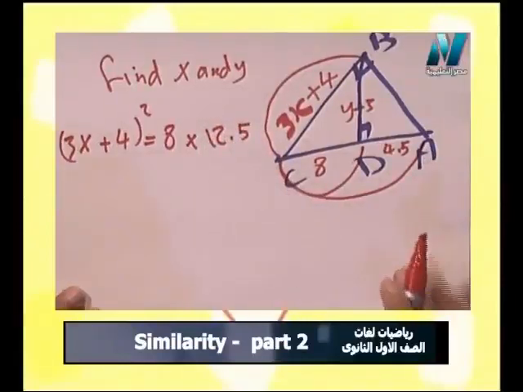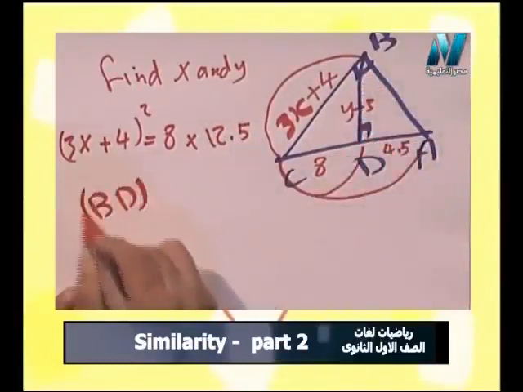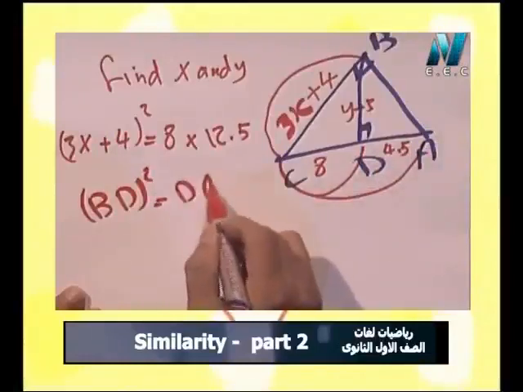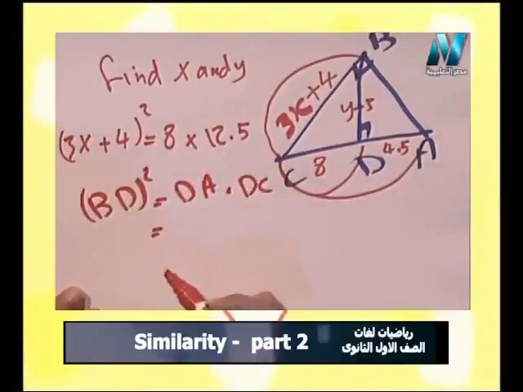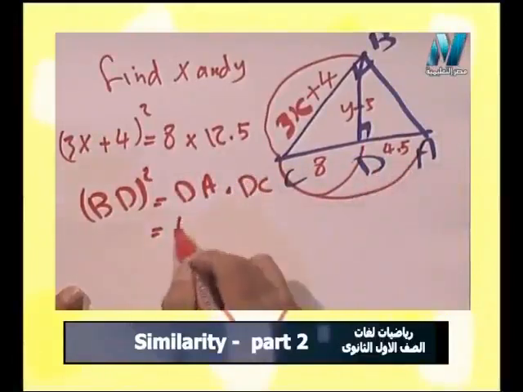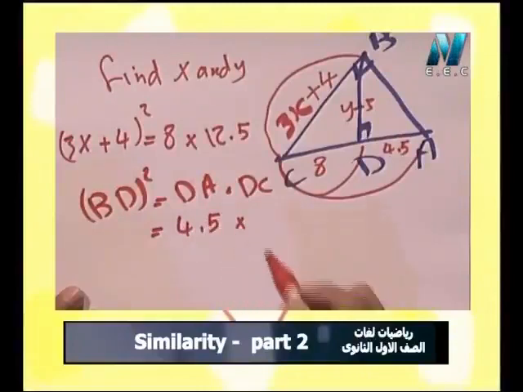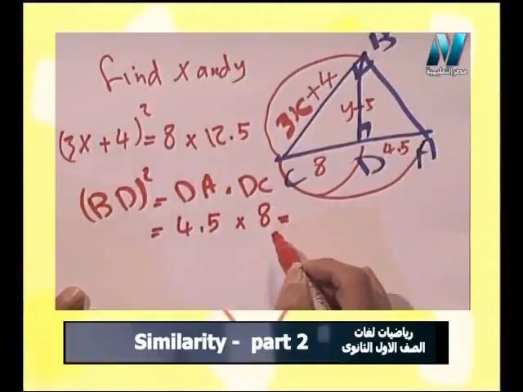And we have BD power 2 here equals DA multiplied by DC. DA here equals 4.5 multiplied by 8. The answer will be 81.